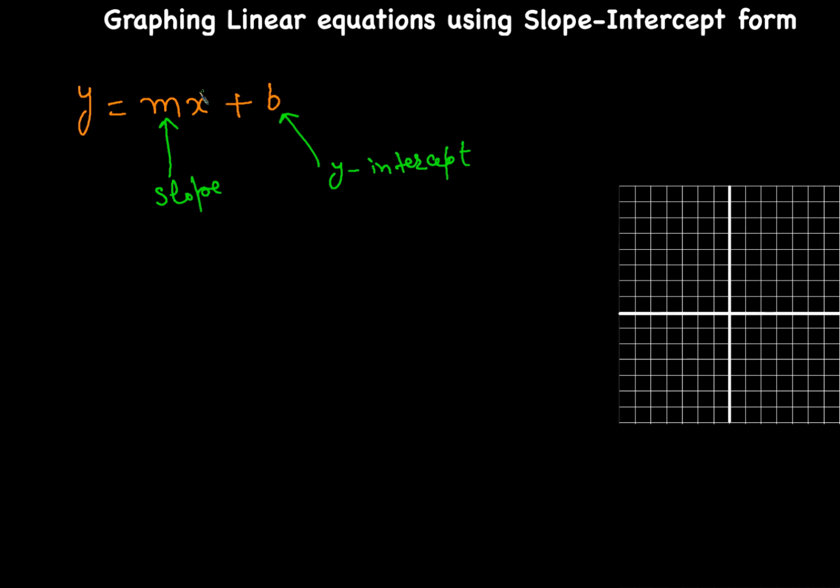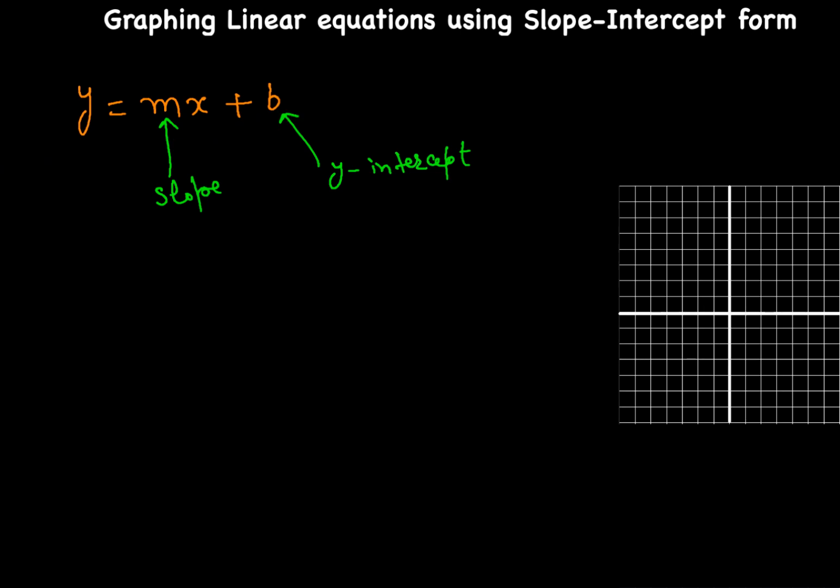So y-intercept is where x is 0, so the point is on the y-axis, so that gives you y is equal to b. So when we have a linear equation in this format, we call it slope intercept form.